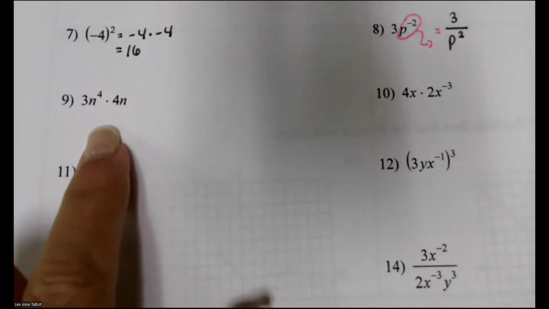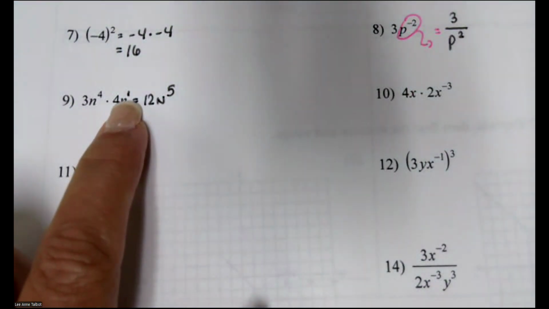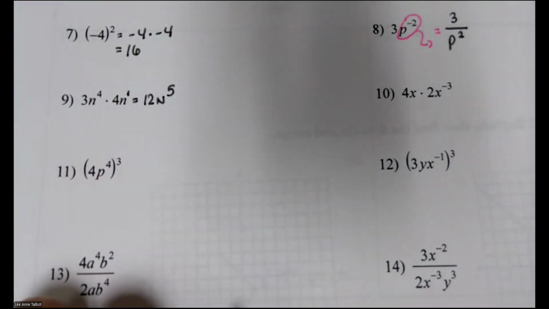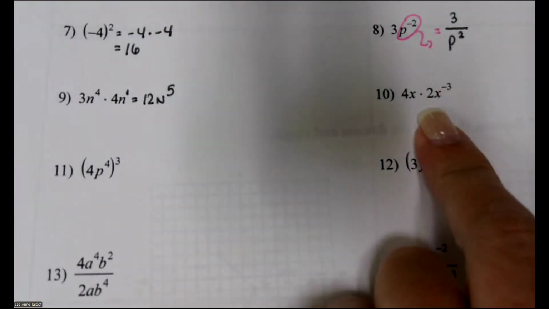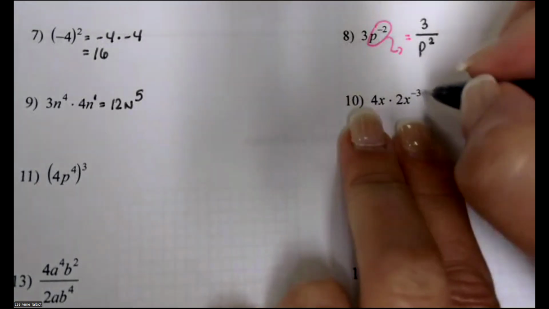Okay. Number 9, multiplication problem. Multiply the numbers, add the exponents. And I put a little 1 on there. You don't have to, but if you want to, you can. Okay, number 10, same thing.